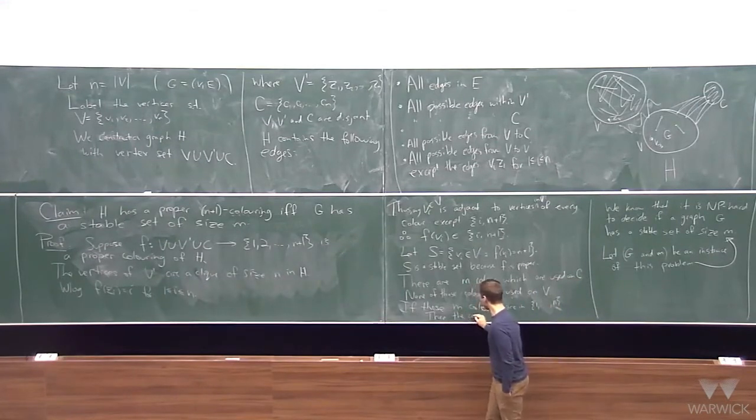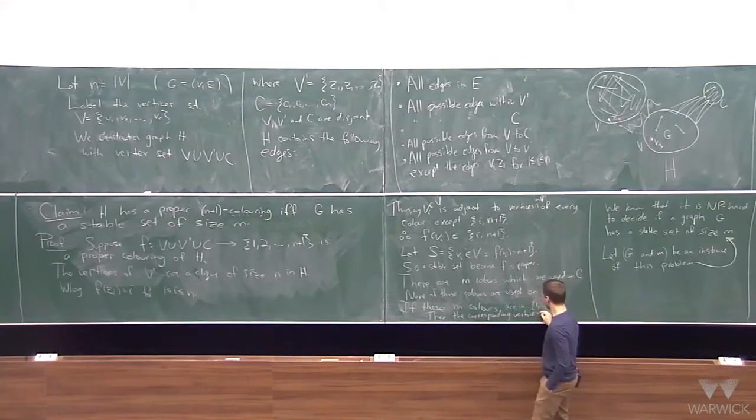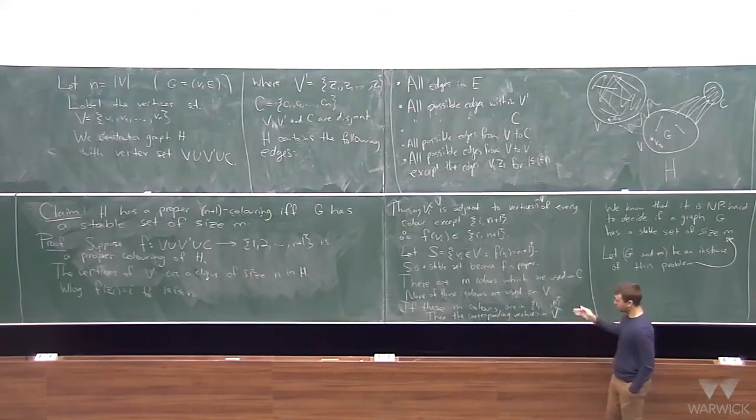the corresponding vertices in V. When I say corresponding vertices, each color here is a number between 1 and n, and there's a corresponding vertex. So if you take color i, then V_i is the corresponding vertex.